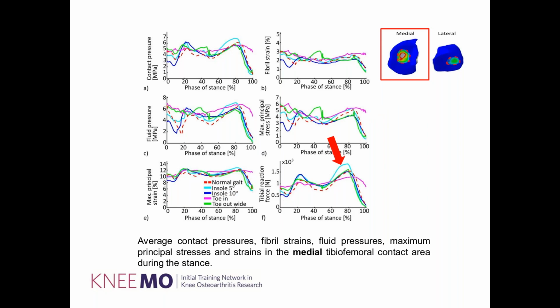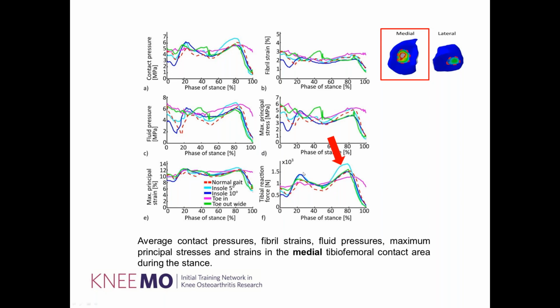That means that the subject is somehow walking differently using these insoles, and that's also one of the contributors to why the peak pressures are elevated. You can only make assumptions as to why that is, but the subject seems to be walking a little bit differently by wearing these insoles.